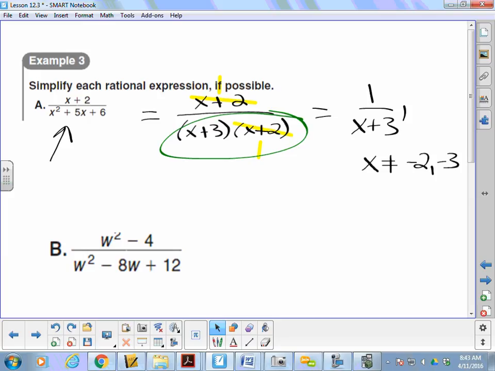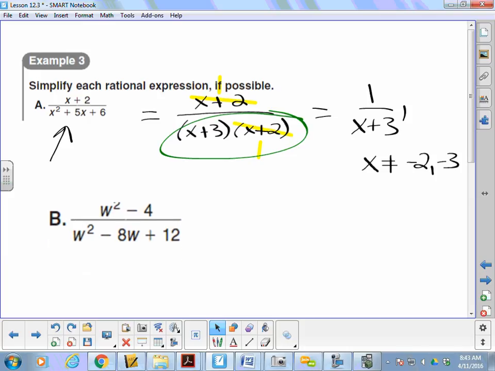Letter B. W squared minus 4 over W squared minus 8W plus 12. So we have to factor the numerator and the denominator first.